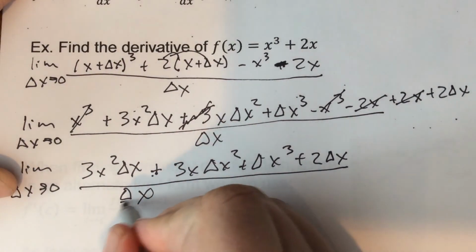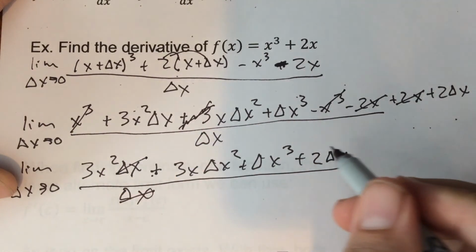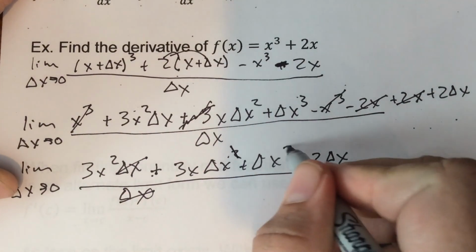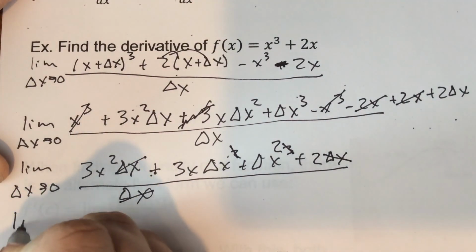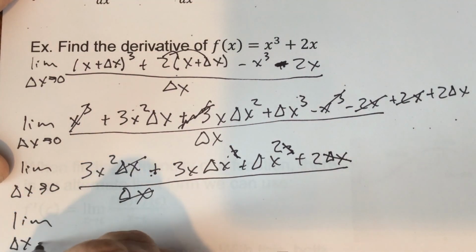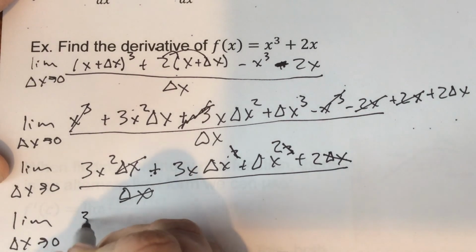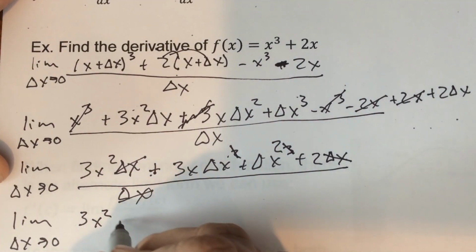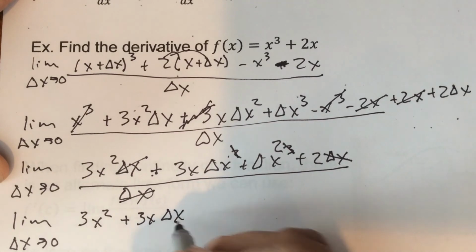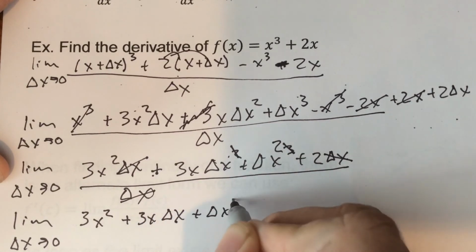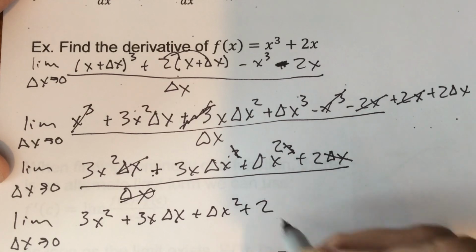So we can reduce now. That one would be gone. One of these would be gone. This would go to a 2, and this one here would be gone. So we're left with the limit as change of x goes to 0 of 3x squared plus 3x change of x plus a change of x squared plus 2.